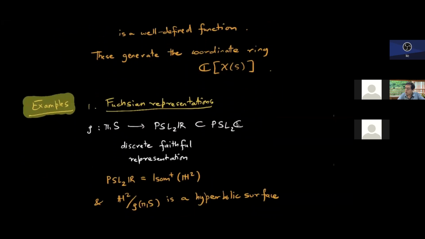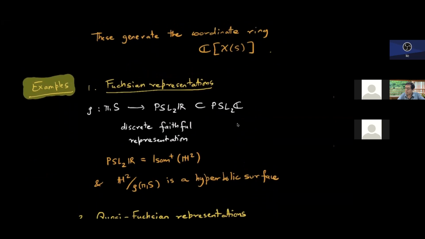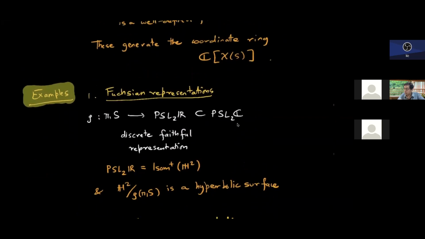Okay, so the reason why we look at PSL2C and not SL2C is because of the connection with geometry, and because we know plenty of representations of geometric interest that arise in this PSL2C character variety. One class of them are Fuchsian representations, which are representations to PSL2R, and these representations are discrete and faithful.